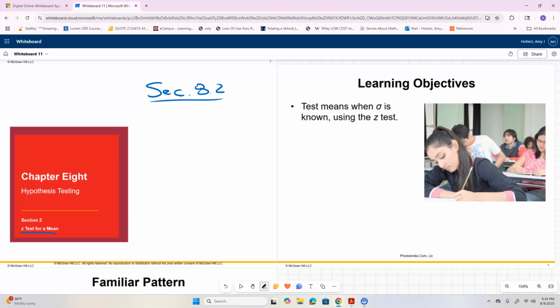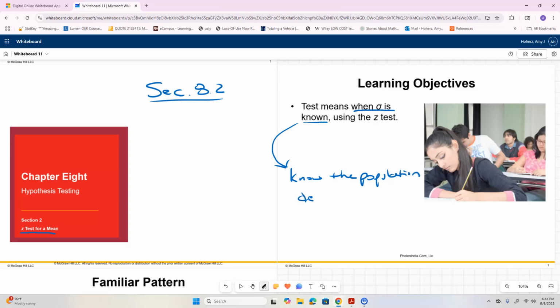We're going to be doing a test for the mean where we don't have the population standard deviation. And then we're going to be doing tests for proportions. So our first type here is a z-test for a mean, which means the sigma is known. Okay, we know the population standard deviation.